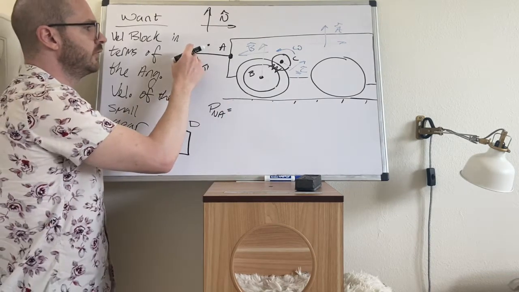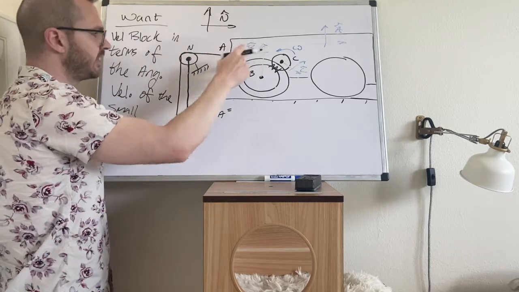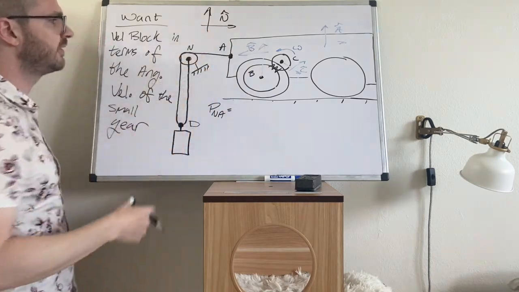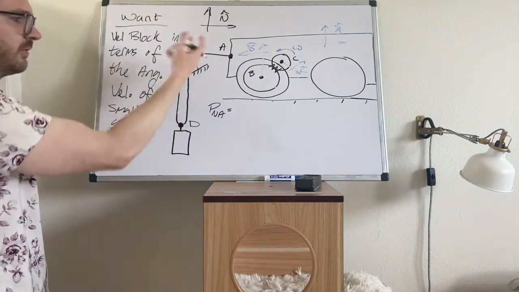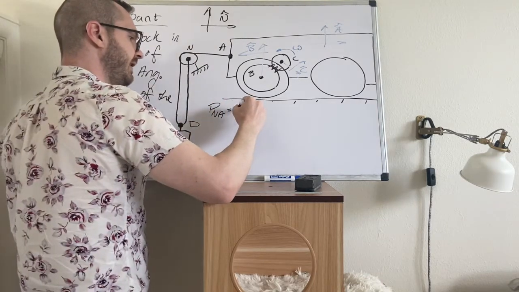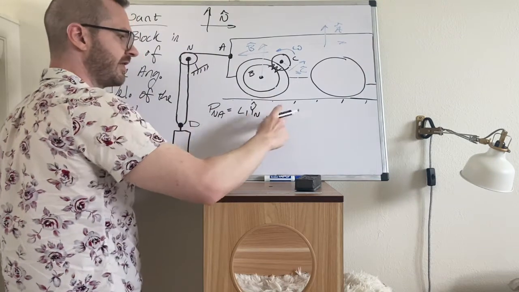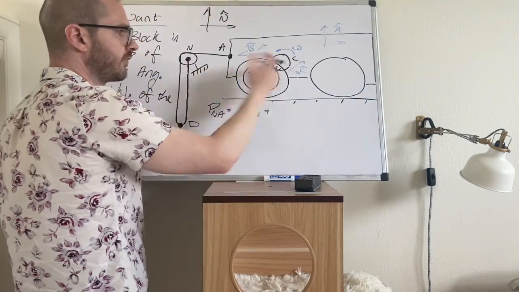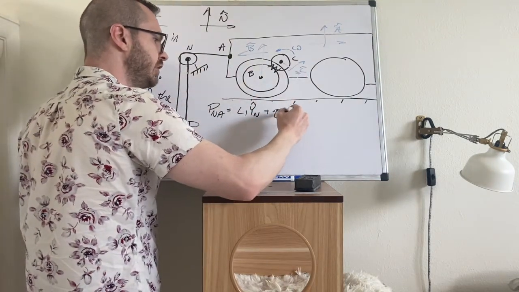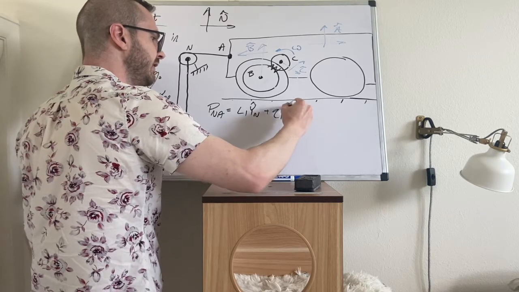We need to do a translation variable in the left and right, and it looks like there might be some vertical displacement as well. That's okay. So let's say L1 in the y hat N, that takes care of that vertical displacement. And then of course the cart is going to move, so we've got Q1 in the x hat N.